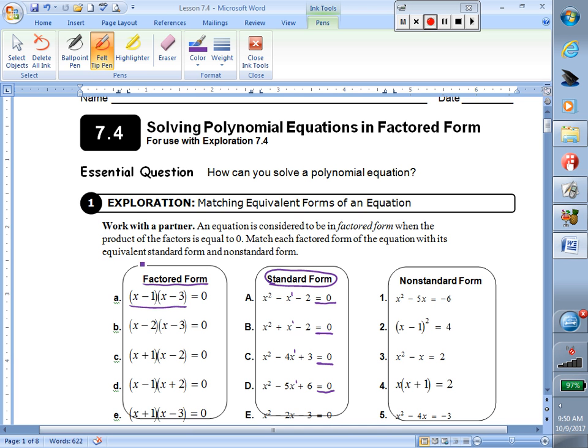So notice factored form means we have a product. Product means we're multiplying. We are multiplying these two binomials together to equal 0. So factored form is where we're multiplying, we have a product. Standard form, we have our polynomial, highest exponent to lowest exponent.